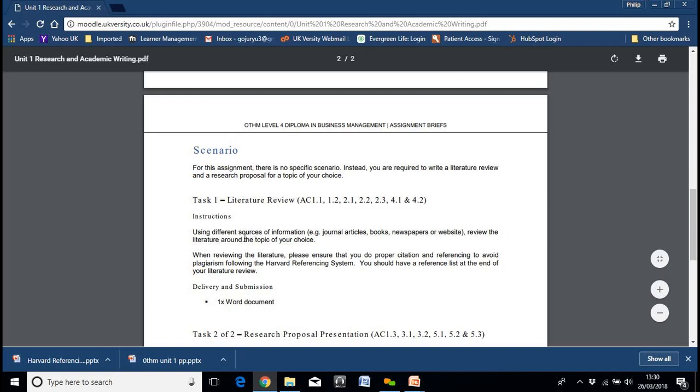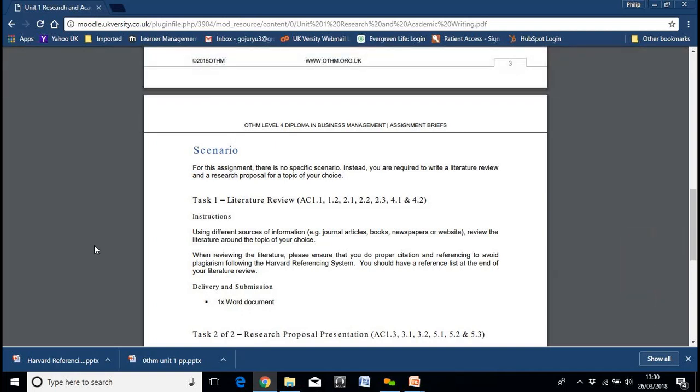When you review the literature, always use the Harvard referencing system to show where you've got that information from, and have a reference list at the end of your literature review. As I said, you're all going to have different questions once you've made a start on this. I'm at the end of the email, so if you just email me, I'll respond to you individually.